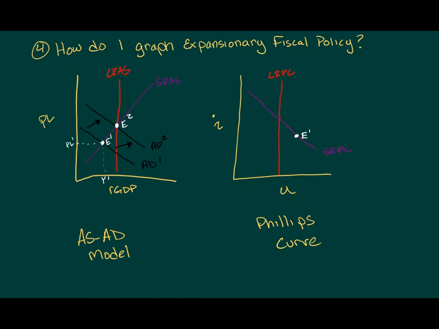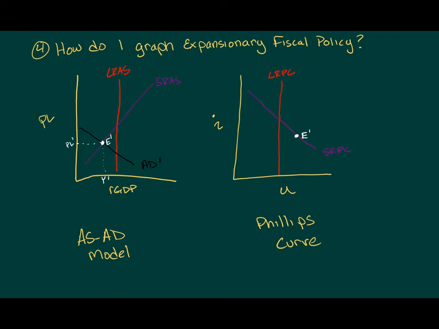On the Phillips curve side, hopefully at this point students remember that the Phillips curve essentially just does the opposite of what the aggregate supply, aggregate demand model does, at least with regards to short run and long run aggregate supply. So on the left-hand side, we're seeing a rightward movement along the short-run aggregate supply curve, so we should see a leftward movement along the short-run Phillips curve over here, resulting in higher levels of inflation and lower levels of unemployment, which is essentially what we would expect to see.